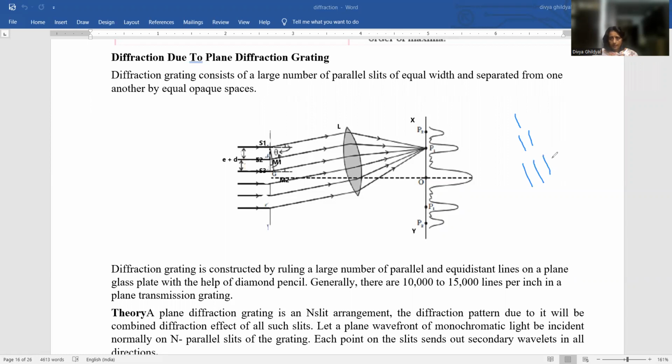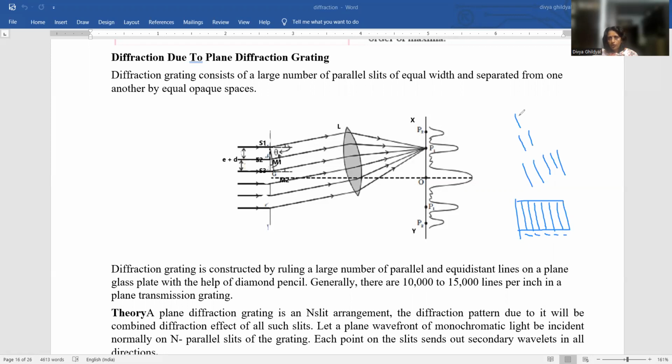When a plain glass plate is taken and a large number of lines are ruled on it with the help of a diamond pencil, this setup is known as a grating. It consists of n number of slits and n number of opaque spaces.